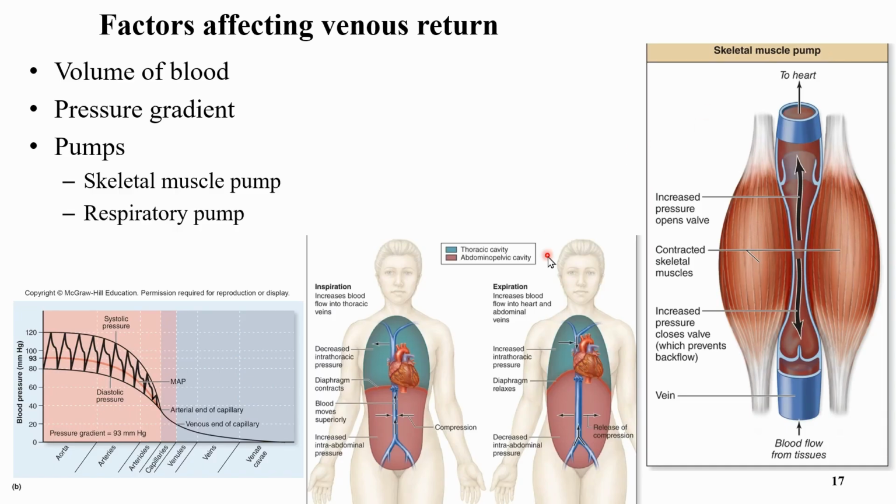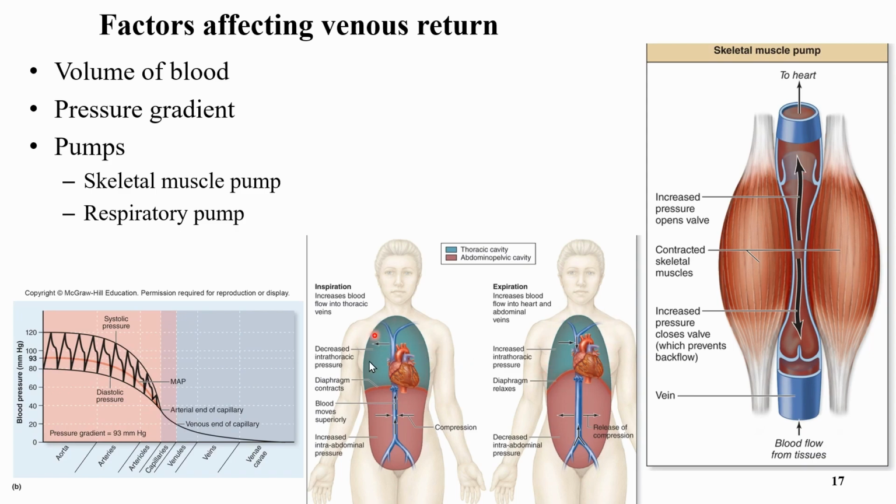One other thing that enhances the venous return is the negative intrathoracic pressure. So when we breathe in, notice that the thoracic chamber gets a lot bigger.